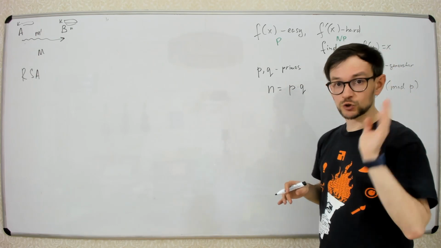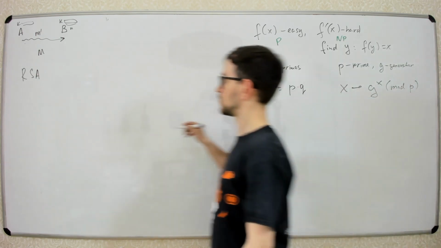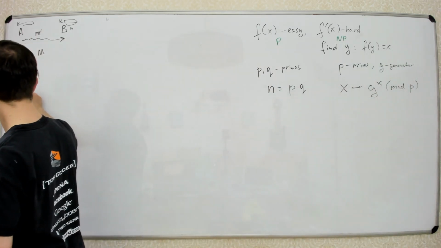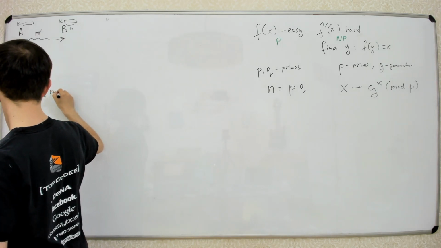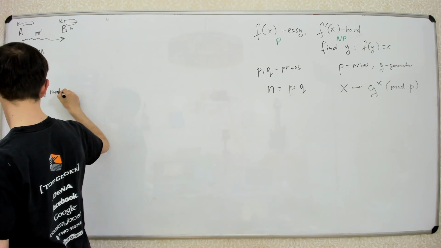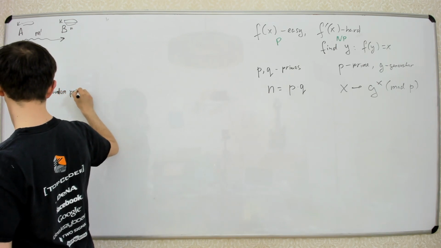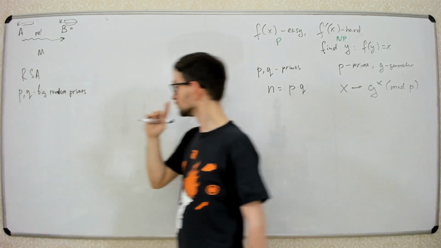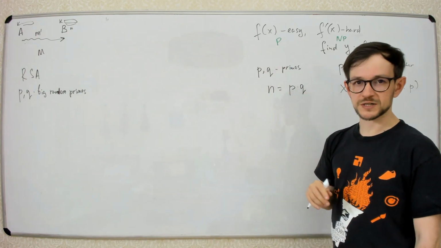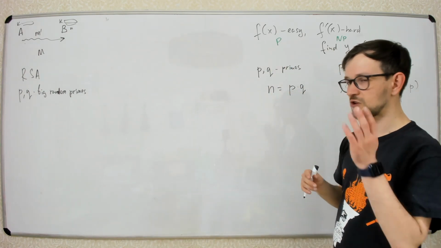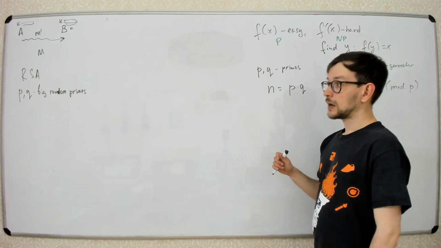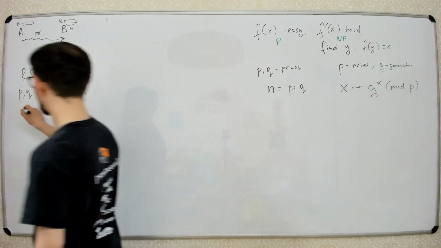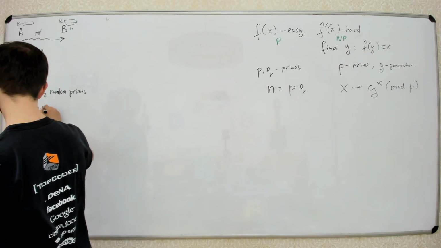Let's generate two primes, p and q. You generate p and q, big random primes. Again, a week ago we discussed how to generate big random primes. You just pick a random number and check if this number is prime. Now, let's calculate n as the product of p and q.